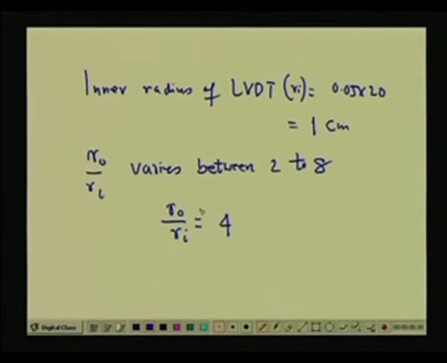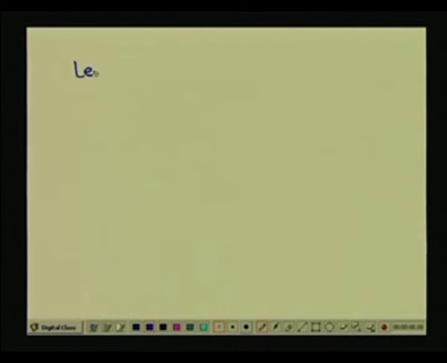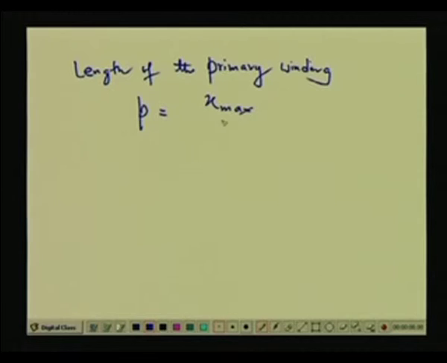Now, the length of the primary winding. The outer radius, let me write RO. Since this is 1 centimeter, 4 into 1, it is 4 centimeter. Now the length of the primary winding will be given by P equal to x max upon 2 epsilon.